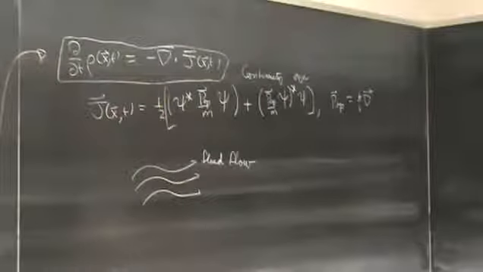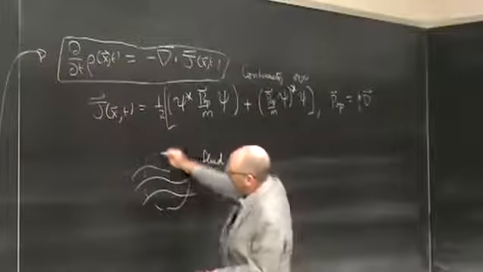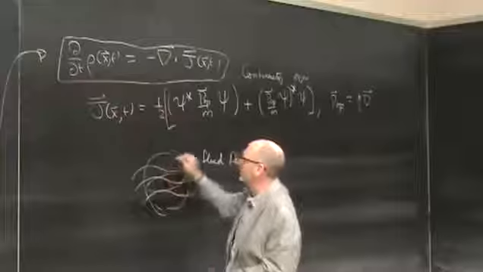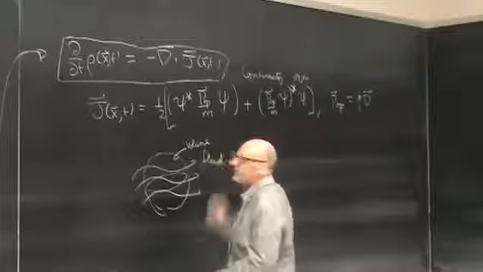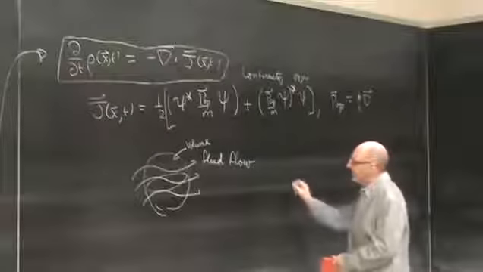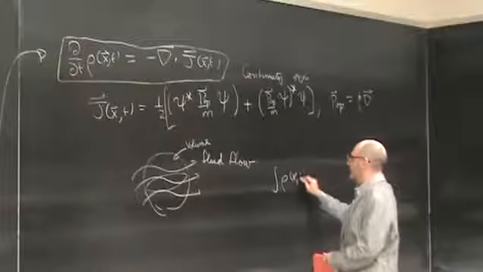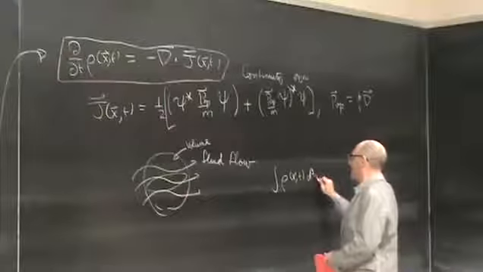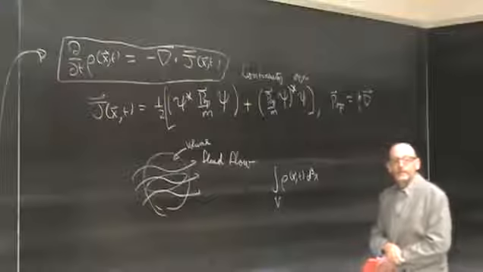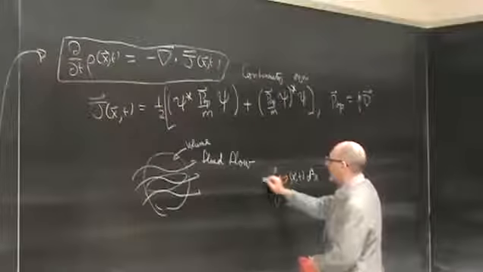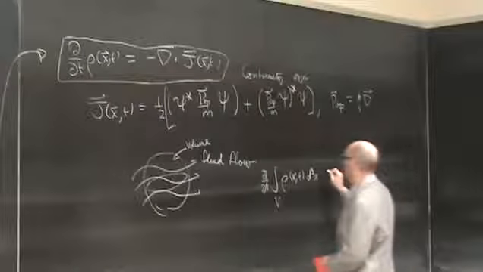And what it says, if I integrate this over some region of volume of space, so if I look at the integral of this over some volume, okay, so now this is this.